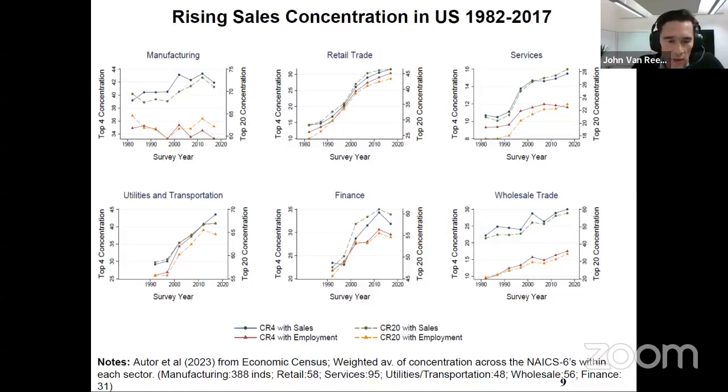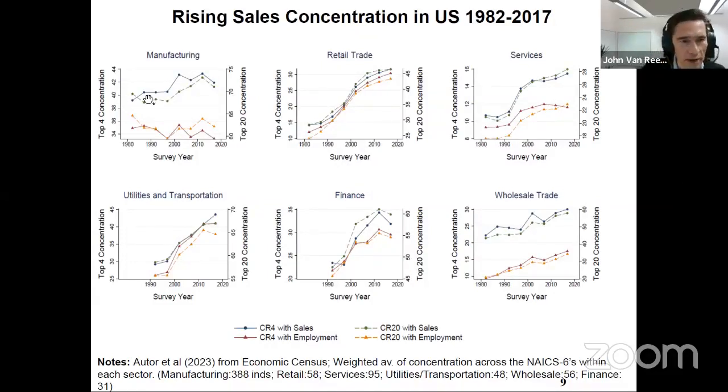This is from a new paper we've just got out, which updates some of our earlier work in the Quarterly Journal of Economics. So we take the population, basically all workers in the US, and then we look at detailed industries, so 4-digit industries like cement or pharmaceuticals. And then we ask, what fraction of sales in that industry is going to the largest firms?